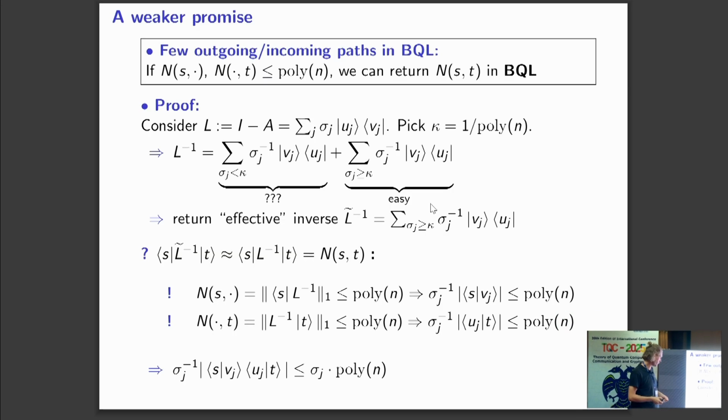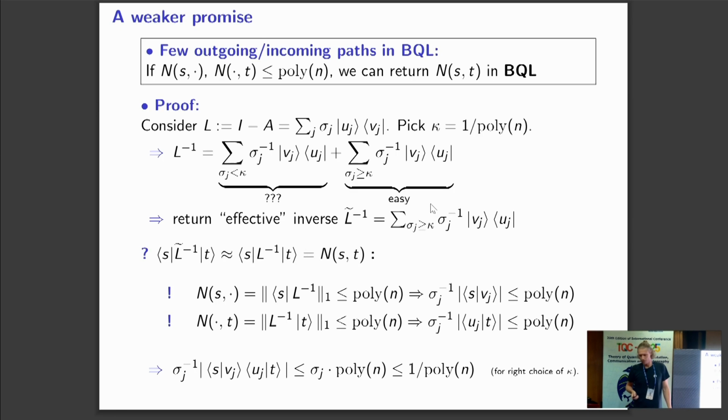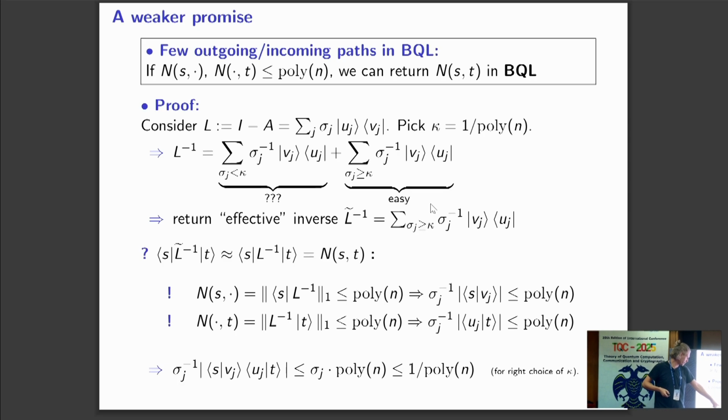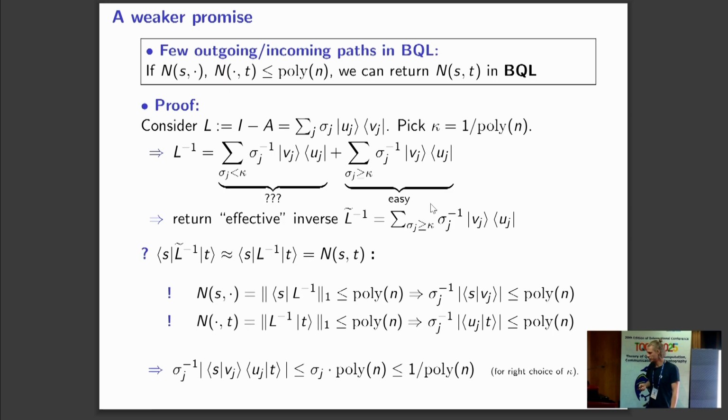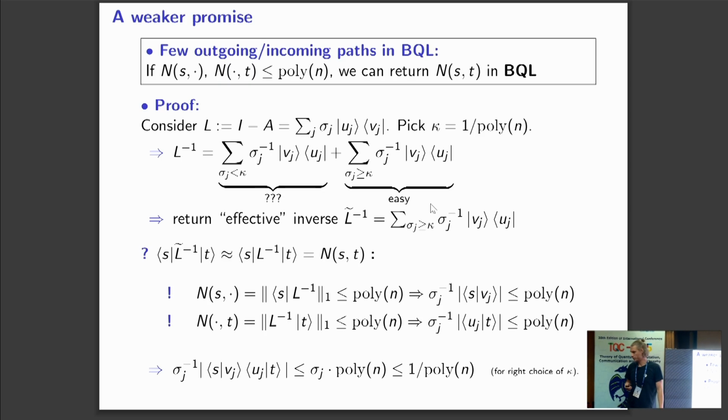All of these can be bounded by sigma j times poly n. But by taking the right choice of kappa, we see that the overlap with the small sigma j's can be bounded by 1 over poly n, because we're only talking here about the sigma j smaller than kappa. Okay, so that proves that under this weaker promise, we can still return the number of paths from S to T in quantum log space.